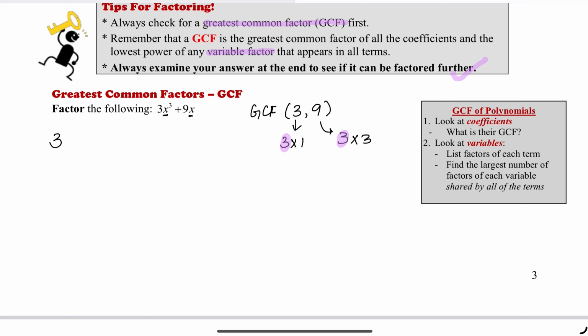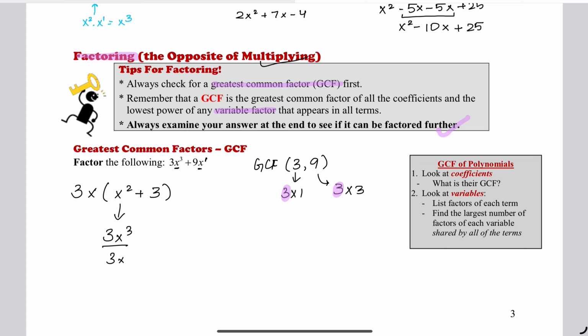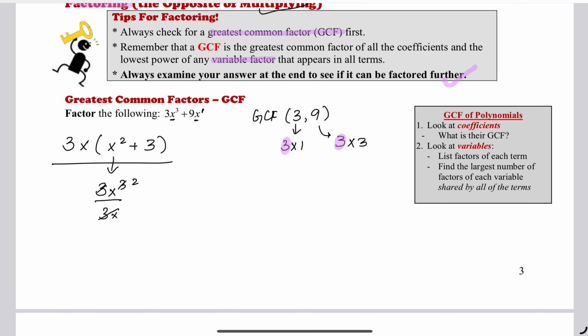I can factor the lowest variable, which is x to the power of 1. And we're left with x squared plus 3. So if you're not sure where this came from, it's basically 3x cubed divided by 3x, because factoring is opposite of multiplying. We're dividing, so we're just left with x squared. Okay, and that's it. I cannot factor any further, and this is my answer.